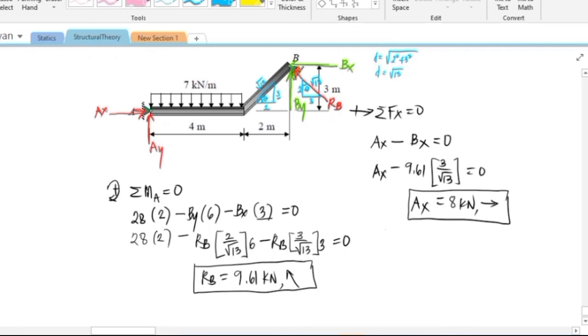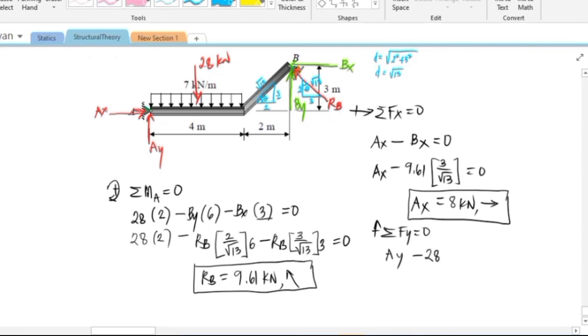So, for AY, we have to summate forces vertical is equal to 0. Taking the upward direction as positive, then we have AY positive kasi that is assumed upward minus yung resultant nito. So, na-compute na rin natin kanina. That is 28 kilonewton. So, minus 28.